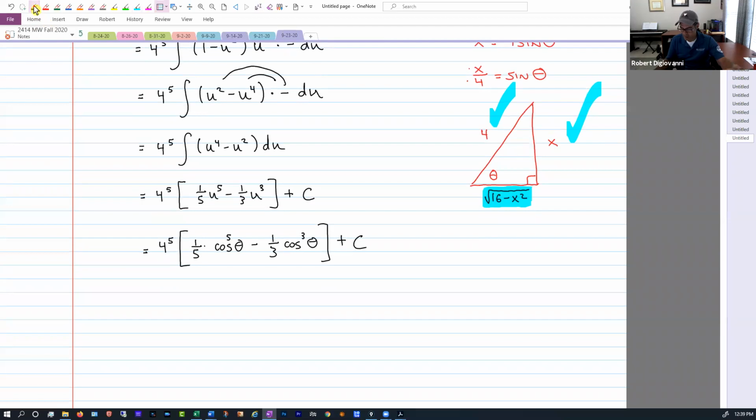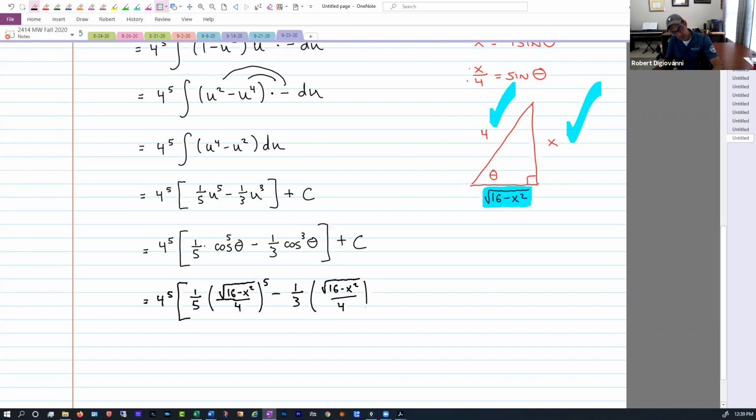So now what I can do, and I'm almost out of time, is replace all my cosine thetas with this fraction: 1/5 times the square root of 16 minus x squared over 4, all to the 5th, minus 1/3 times the square root of 16 minus x squared over 4, all to the 3rd, plus c. Y'all see where that came from?